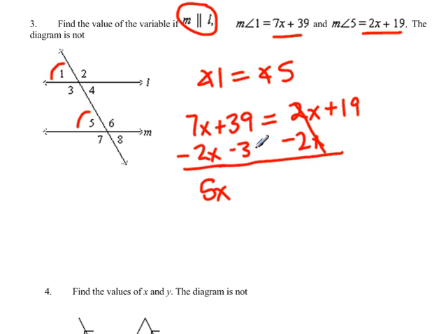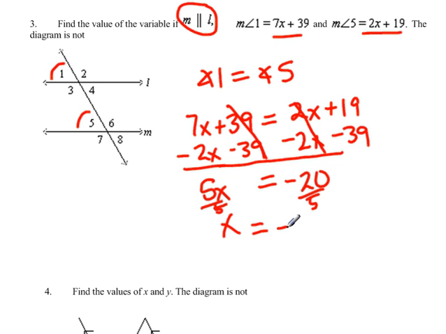And I'm also going to subtract 39 from both sides. It'll cancel here, so equals 19 minus 39 gives me a negative 20, right? Solving for x, I would have to divide by 5. I know it's messed up, but yes, we can still have that negative sign in there.